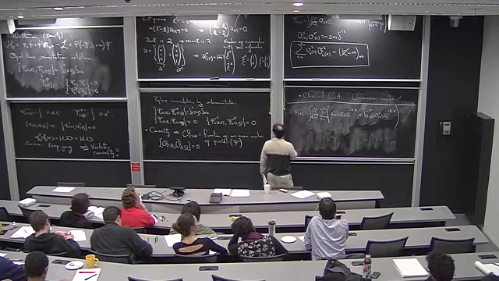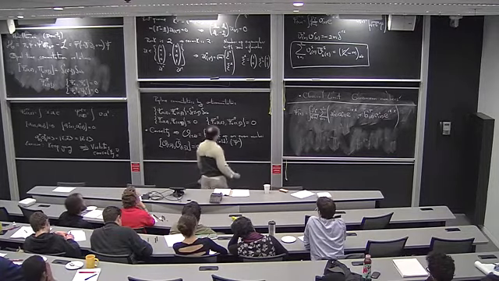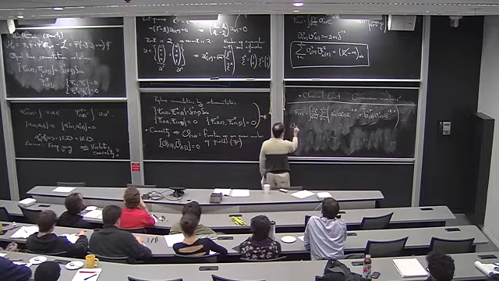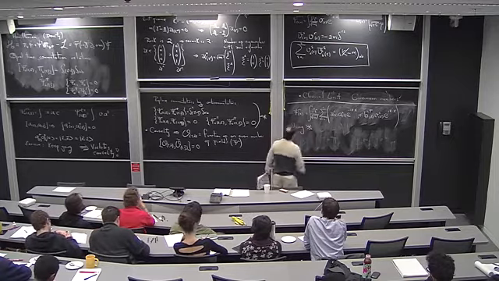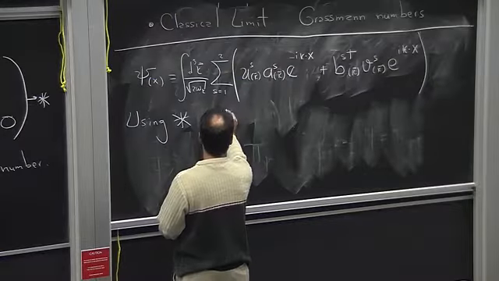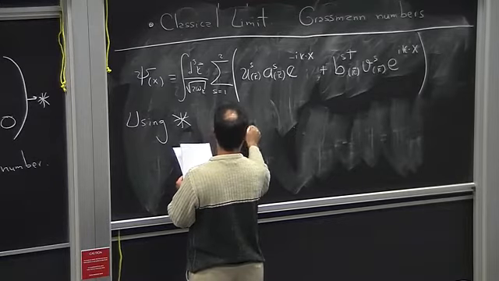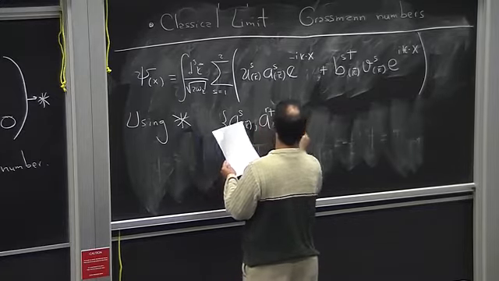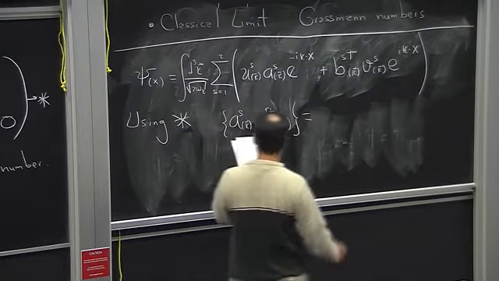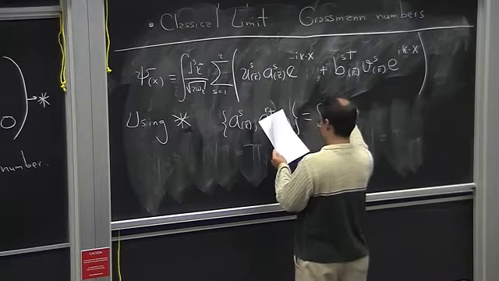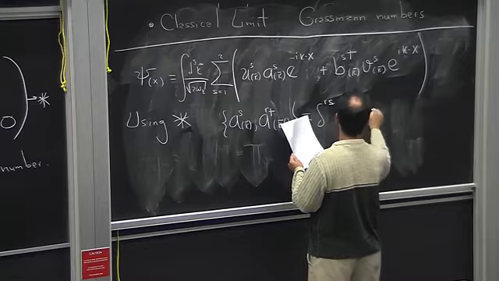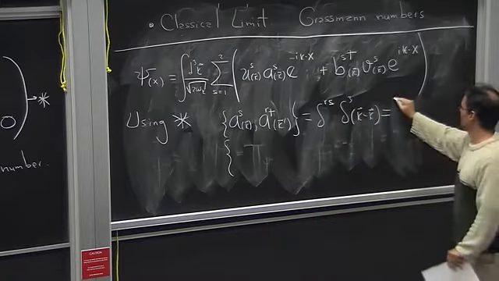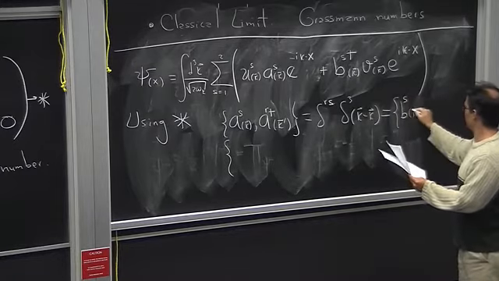Now, it's a matter of putting this back into these anti-commutation relations. Okay, let's call this star. Now, using a star, again, as we did for the scalar field, you can show that the A's satisfy anti-commutation relations, and these are exactly the same as the B. That's what the B does.